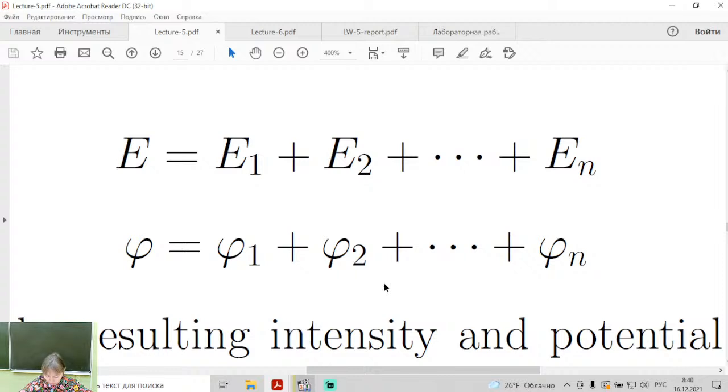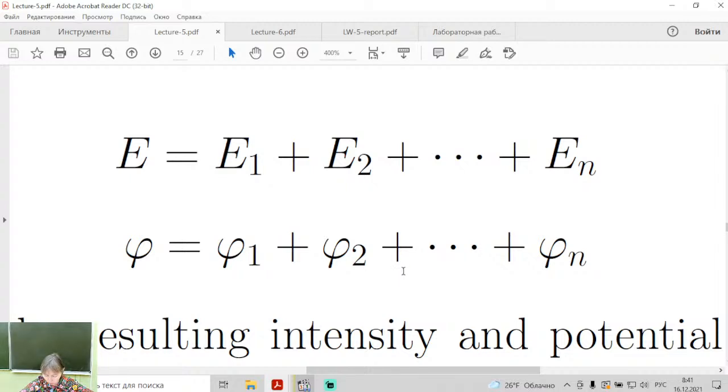Look at here. Where E and phi are the resulting intensity and potential of the field created by charges E first, E second, etc., and phi first, phi second, etc.